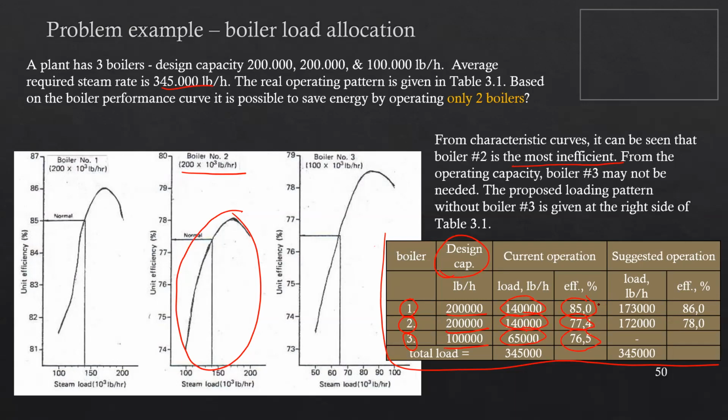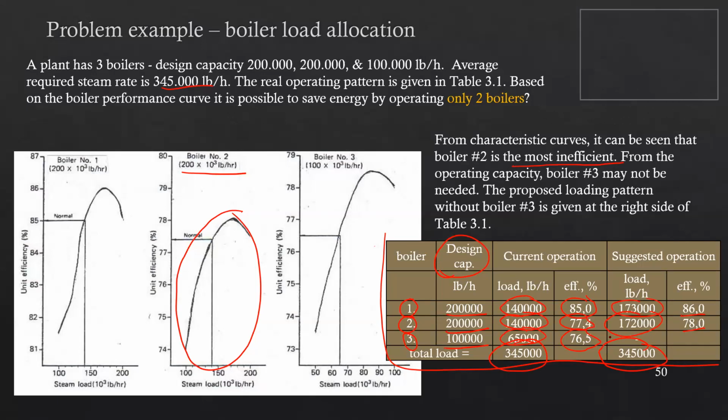We increase the capacity load of boiler 1 to 273,000 pounds per hour, while boiler 2 is 172,000 pounds per hour, with the desired boiler efficiency at 86% for boiler number 1 and 78% for boiler number 2. The total load is similar, but the difference is that we try to reduce the use of boilers and increase the load of boilers number 1 and 2, as well as slightly increase their efficiency.